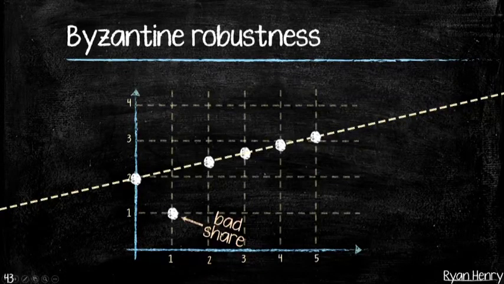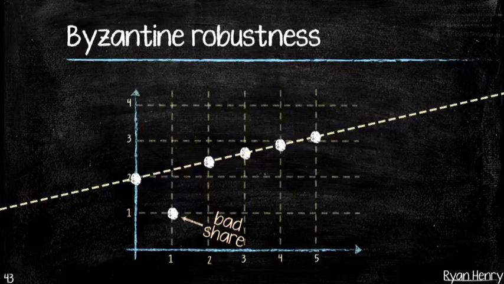I can still figure out what the line is here, because all of these other points are on the line. So the visualization is not so nice when you look at higher degree polynomials, but the basic idea is exactly the same, and there exist efficient algorithms that can figure out which points are the wrong points and can still find the polynomial, as long as we set that privacy threshold to be lower than the total number of servers.